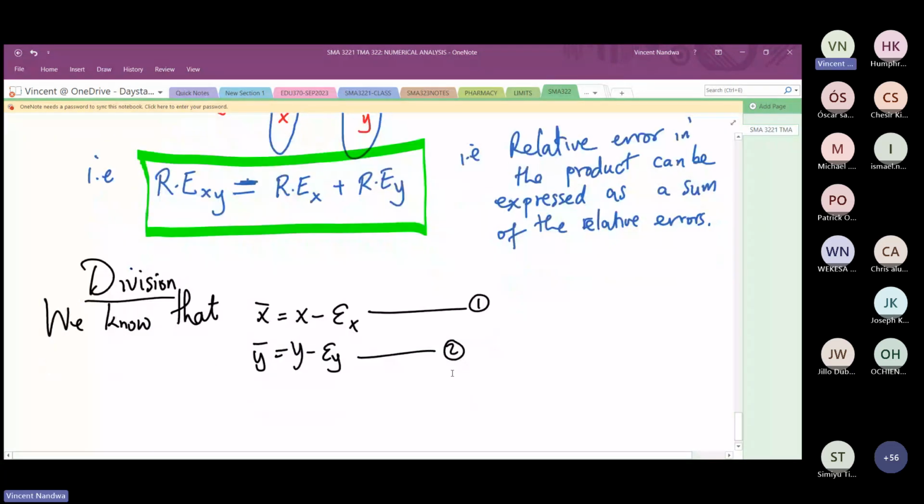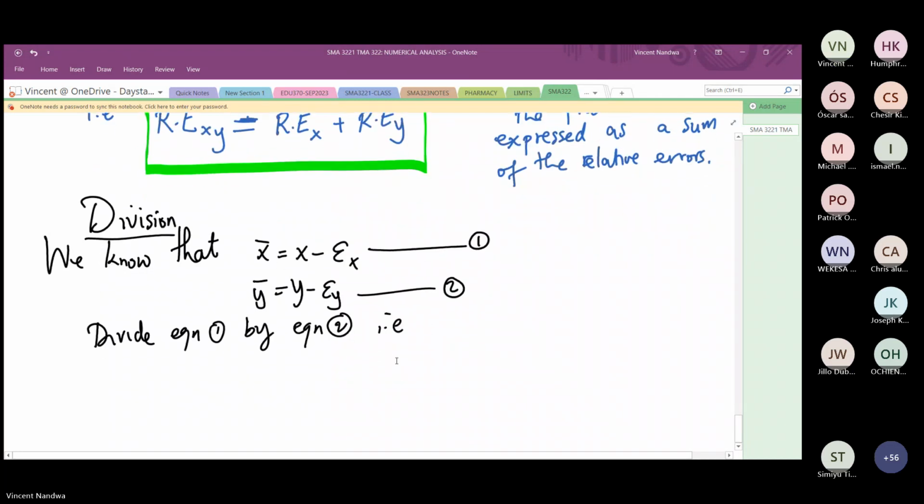Good. So we are dividing. So divide equation 1 by equation 2, that is, x divided by y is given by x minus error in x divided by y minus error in y. Remember, when you have two equations, you can always add them, multiply them, subtract, or divide them. All the 4 basic operations can be applied to the two equations.